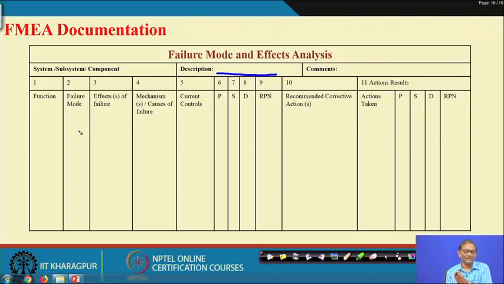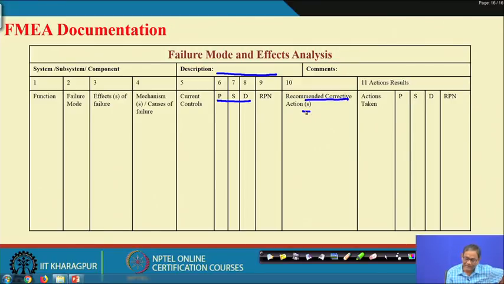Compress the air to the desired pressure. Then what are the failure modes? There are 7 failure modes. For every failure mode, what is the effect, what are the causes and what are the current controls, you have to write, and then accordingly PSD will be written and RPN value will be calculated, and that is what you have seen. Okay. And then you require corrective actions.